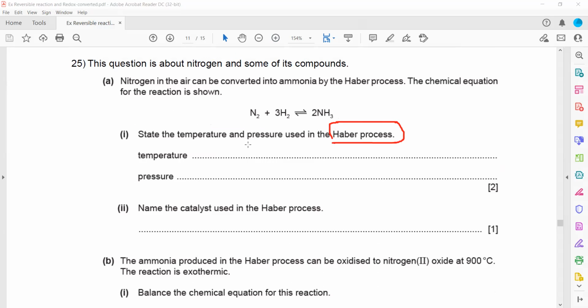The temperature is about 450 degrees centigrade and the pressure is 200 atmospheric pressure. Name the catalyst used for the Haber process. Again, you will learn that in the Haber process, the catalyst used is iron.